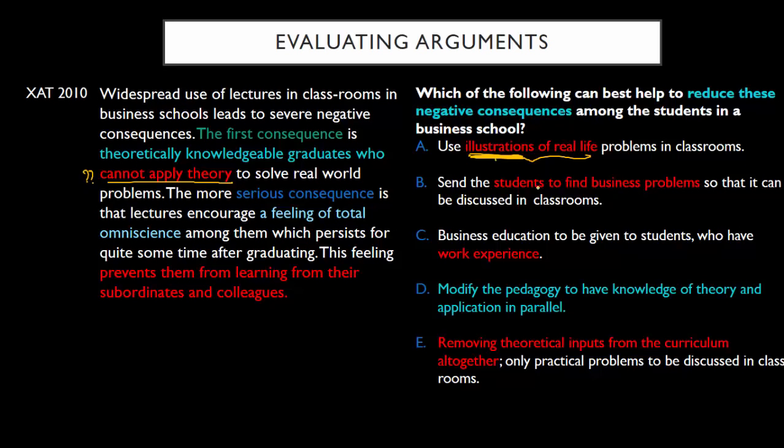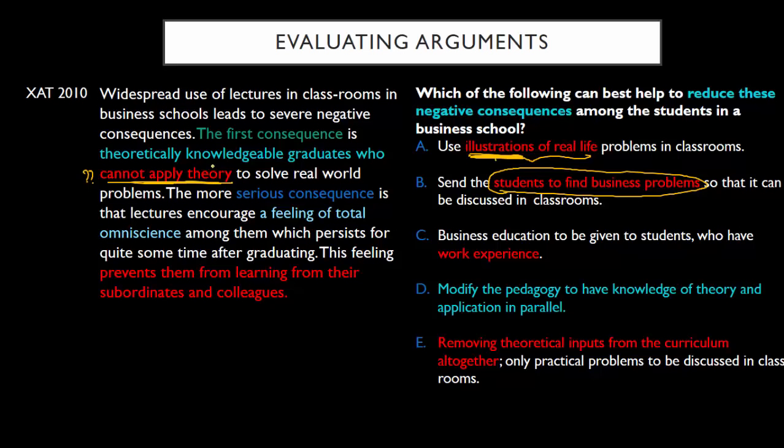B. Send the students to find business problems. It is your job as a teacher, as a business school, to provide learning to the students. Here is an amazing solution that you actually send the kid to figure out the business problems themselves, so they can be discussed in the classroom. Okay, that is not actually helping them overcome any of this, because also in this case they cannot apply theory to solve real world problems. The question is applicability.